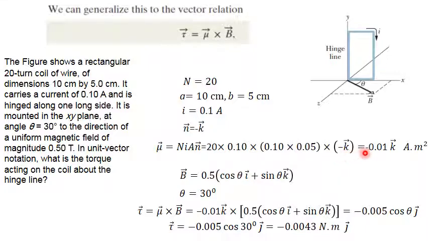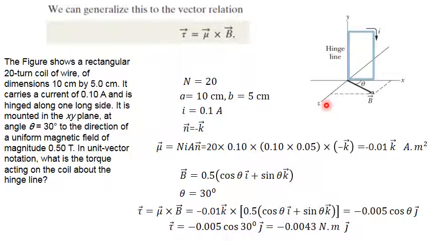So it is minus 0.01 k ampere meter square. Now the magnetic field B has a value of 0.5 Tesla, and it is at angle theta with respect to x, where theta equals 30 degrees.